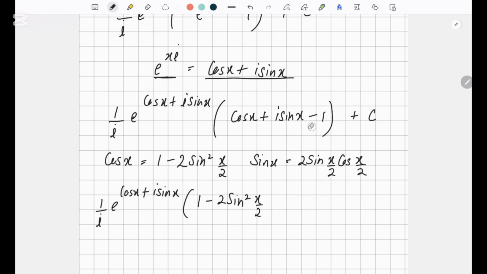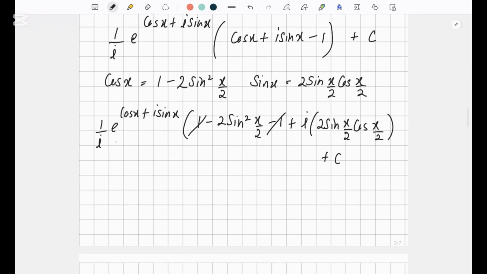We have minus 1 over there, so you could write that instead, plus i into 2 sin(x/2) cos(x/2) plus c. Now you can cancel these off.